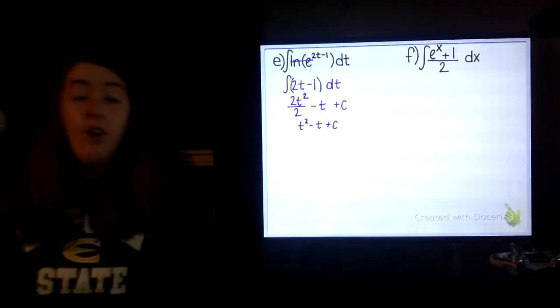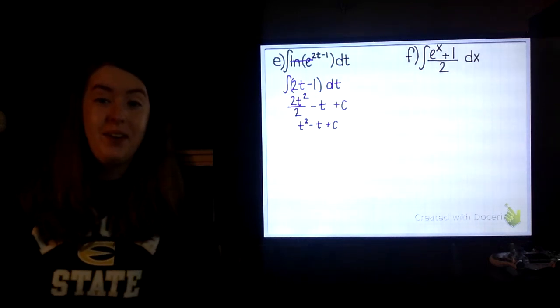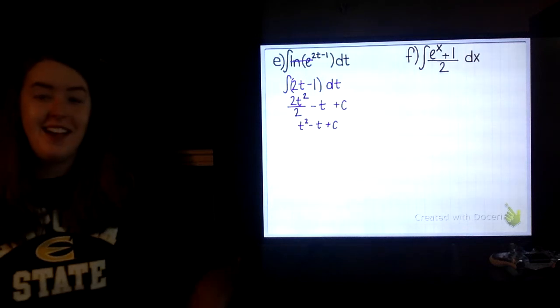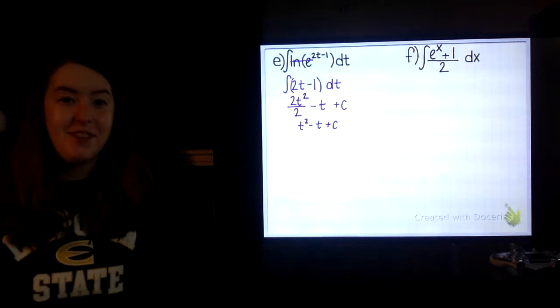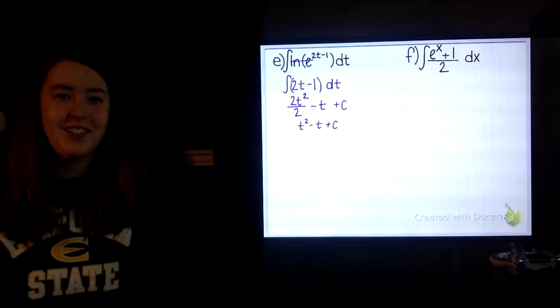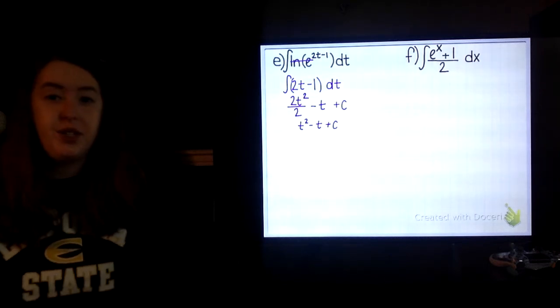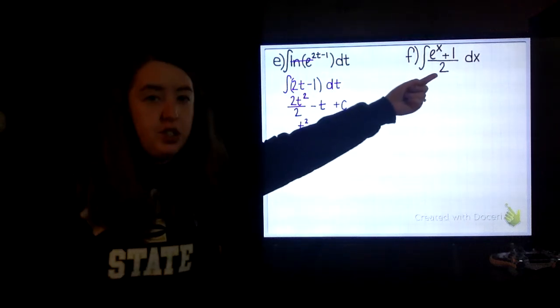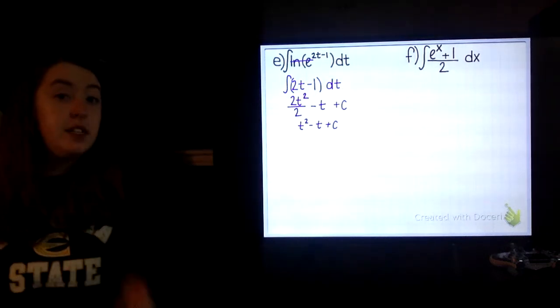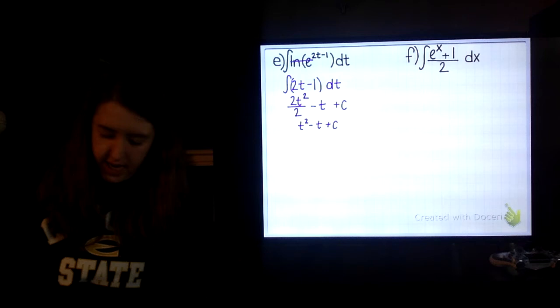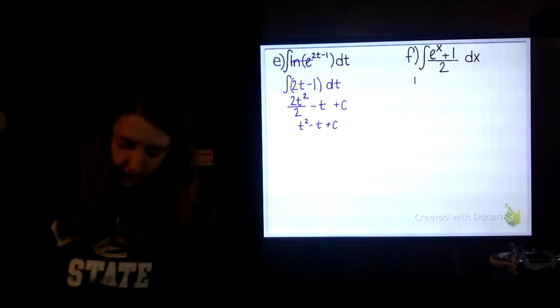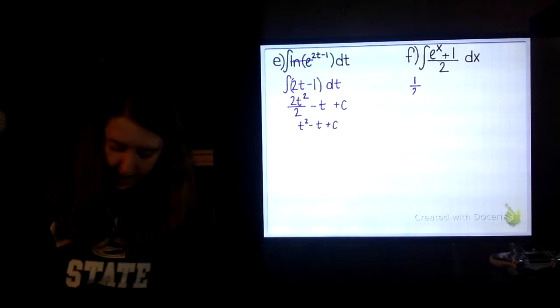Okay. Over here on f, we want to work this guy out the same way that we've done the other ones. Simplify first. So what I think is going to be helpful is to pull out that 2 at the bottom first. So you can take that out as a 1/2. So we have 1/2.